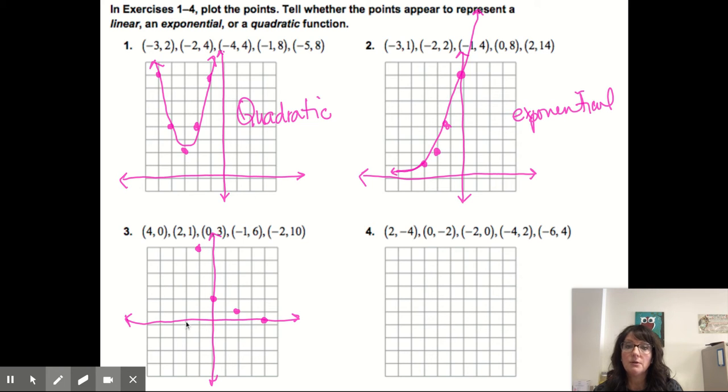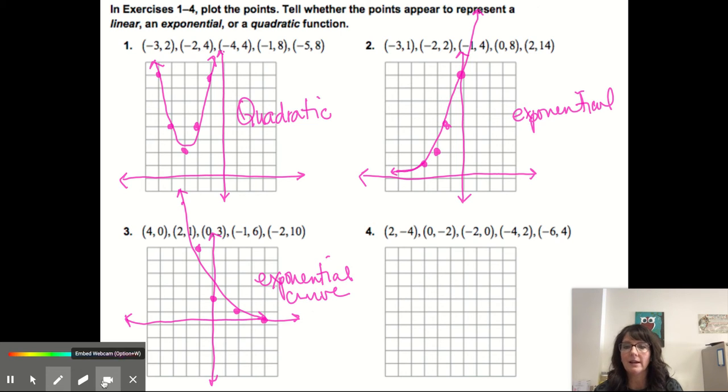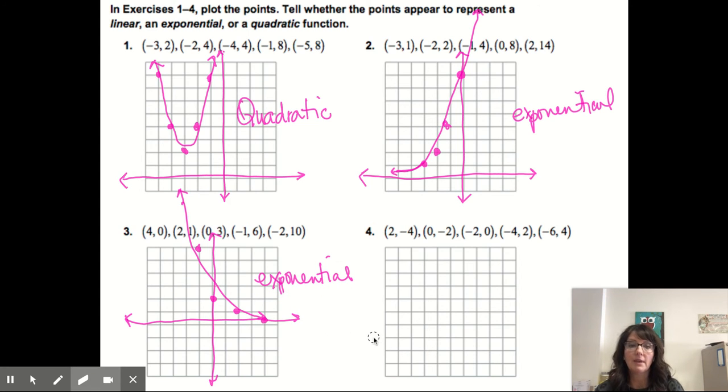And then -2 and 10. So what's happening here? Again, another exponential. It's an exponential function.